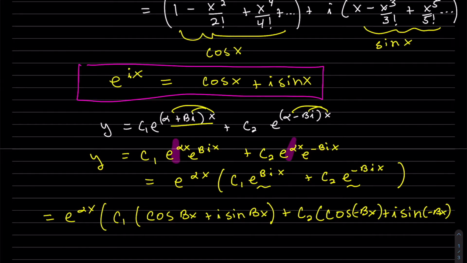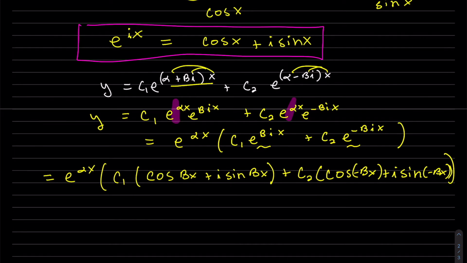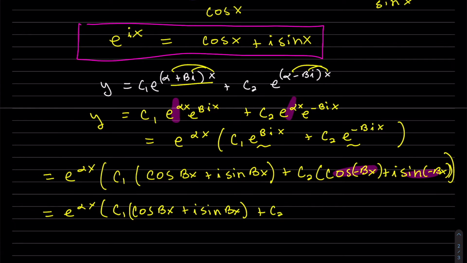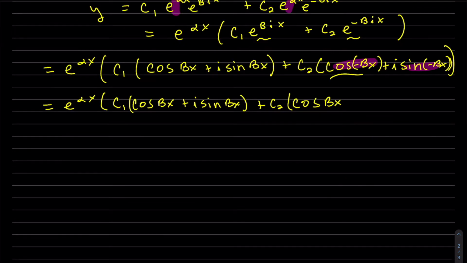I'll wrap it since it has a negative. Okay, so next, let's just clean up. We know we can rewrite these without the negative angle. Everything else I'm just going to copy. Since cosine's an even function, that negative angle can just disappear. It's an even function property. Since sine is an odd function, that negative goes in the front.